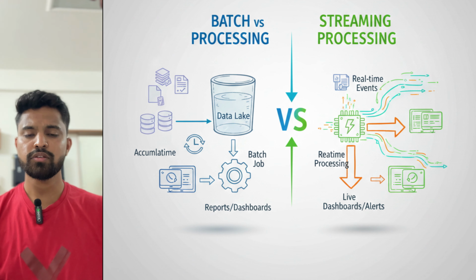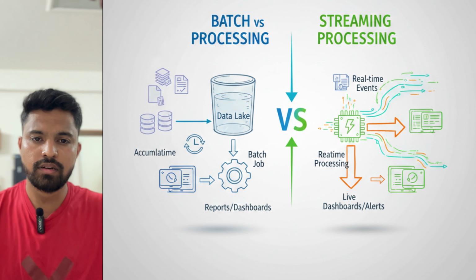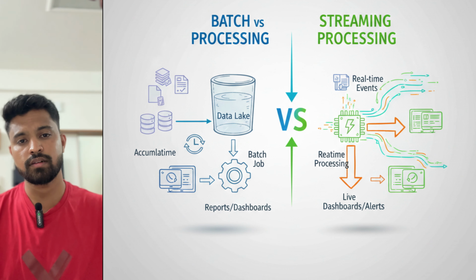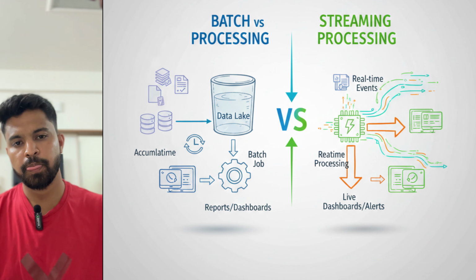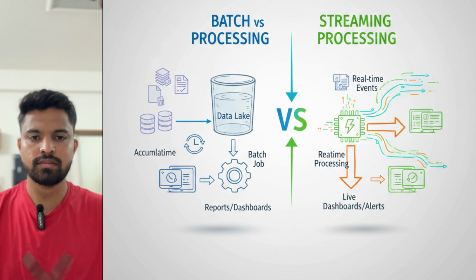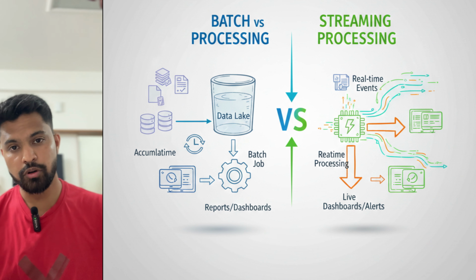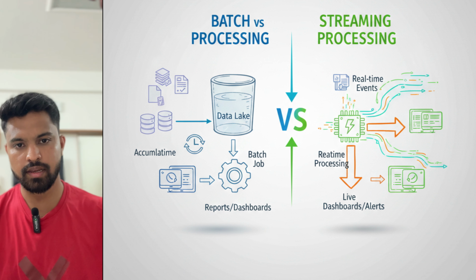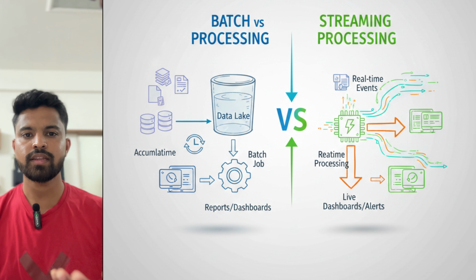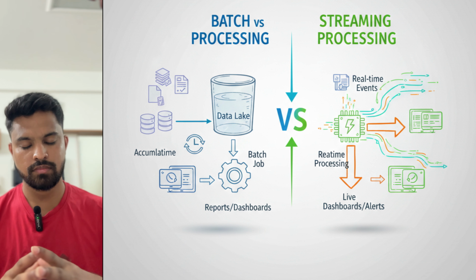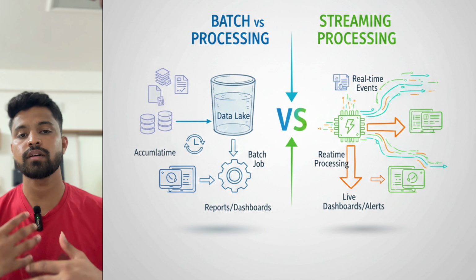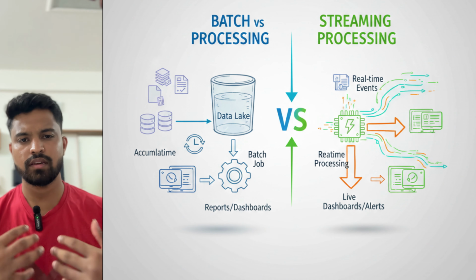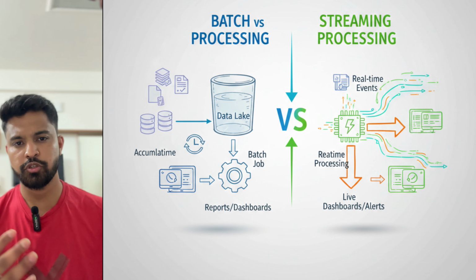Whenever you want to perform real-time analysis, you go with streaming data. Whenever you want to detect fraud, you will go with real-time data. And the complexity is very high to set up Spark streaming or any streaming jobs.